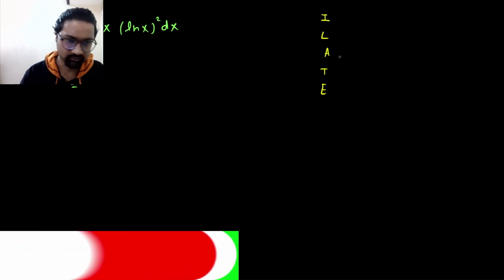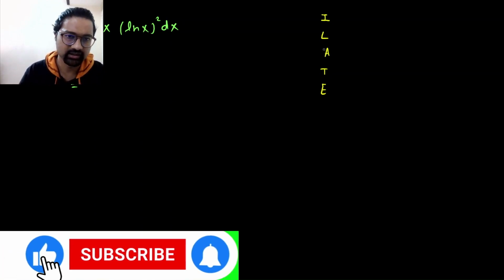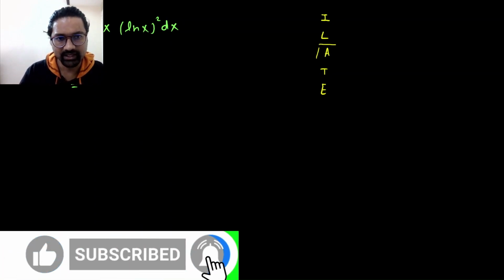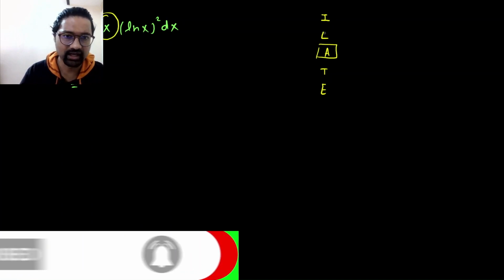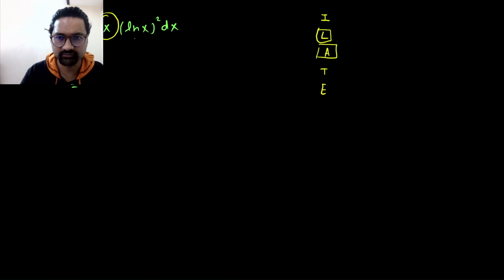I already talked about this in detail in the previous video. A is the algebraic part, which is over here, and L is the log part, which is over here. So obviously the log comes first, right? So since the log comes first, this is to be treated as f(x), and this is to be treated as g'(x). Okay, that makes sense.